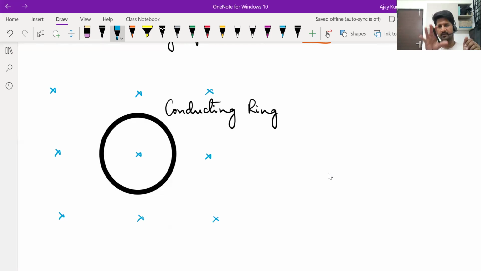If there is a field directed into the plane of the screen, it means there is flux through this ring. Some field lines will pass through that ring. Let's say this magnetic field is becoming stronger, meaning its strength is increasing.